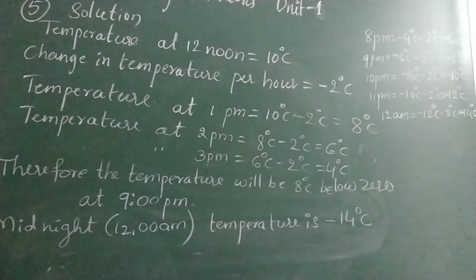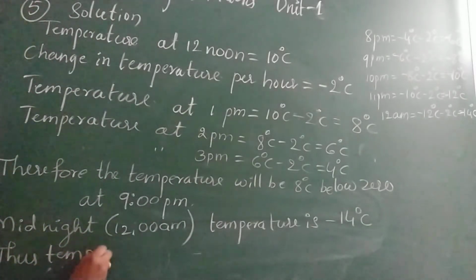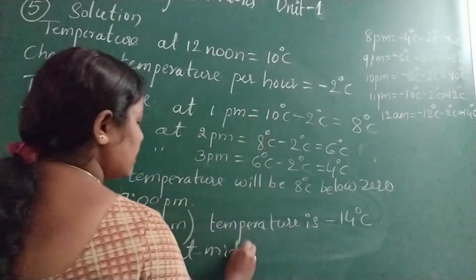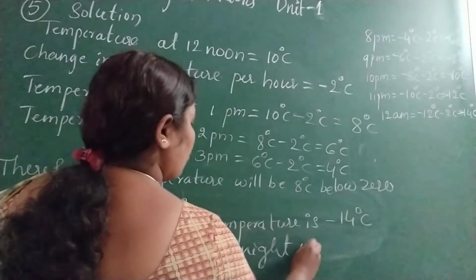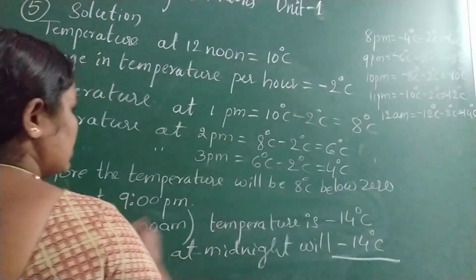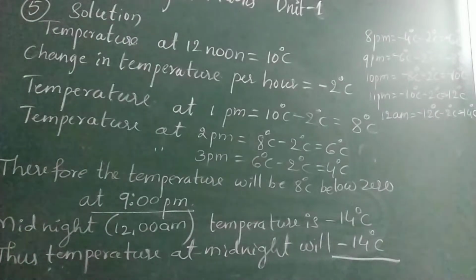Change in temperature in 12 hours: minus 14 degrees Celsius will be the answer. Therefore, the temperature at midnight will be minus 14 degrees Celsius. This is one answer, and 9 p.m. is also one answer. This is all related to question number 5, the word problem.